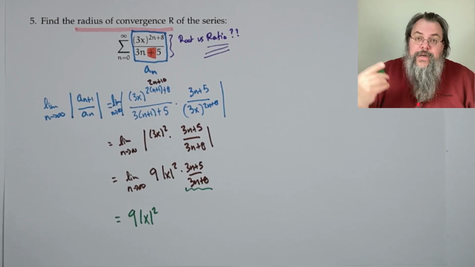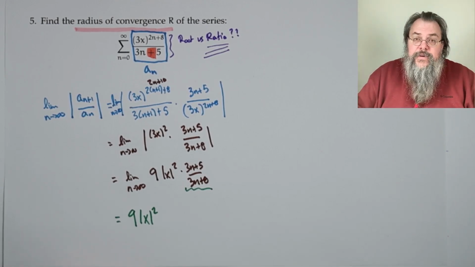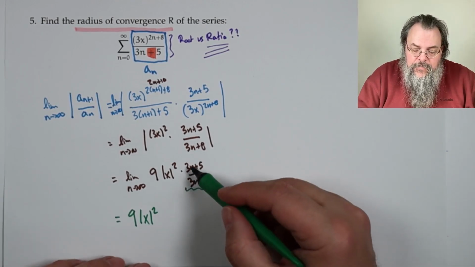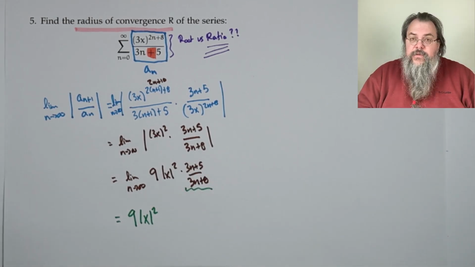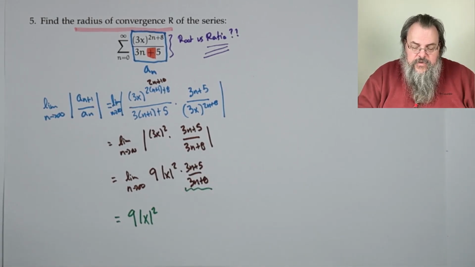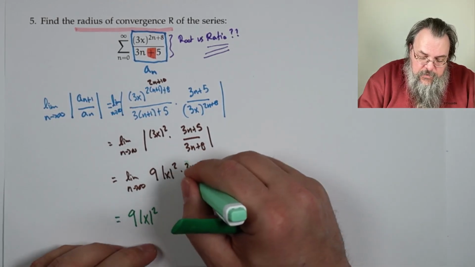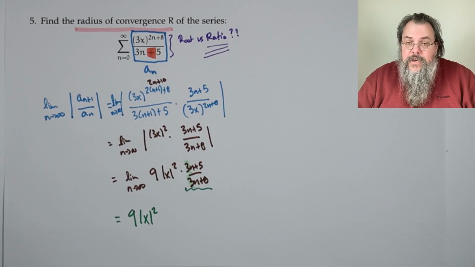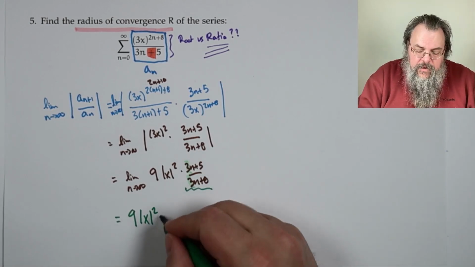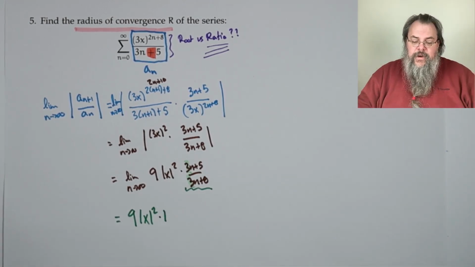Then look at the coefficients of the highest powers and take the ratio. The highest powers are the n's, and the coefficients are 3 and 3. Divide, and we get 1. So that's the answer, 1.